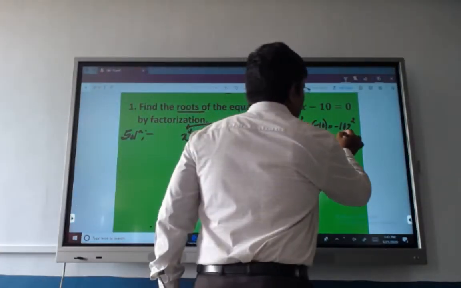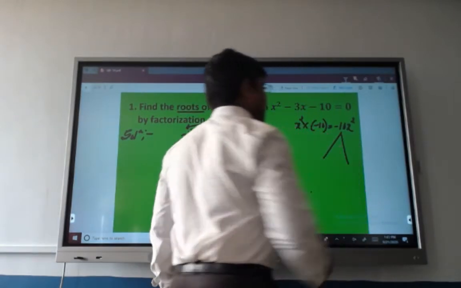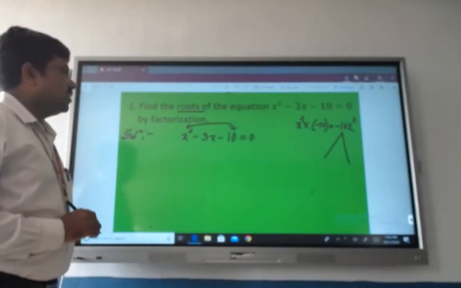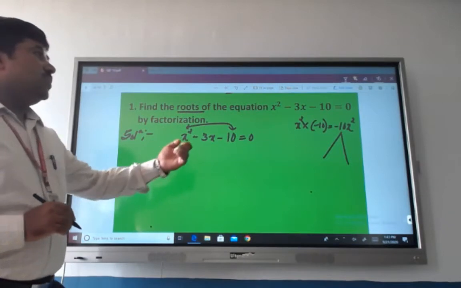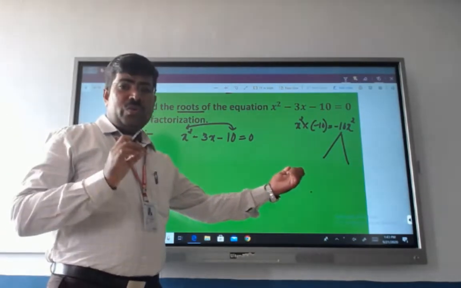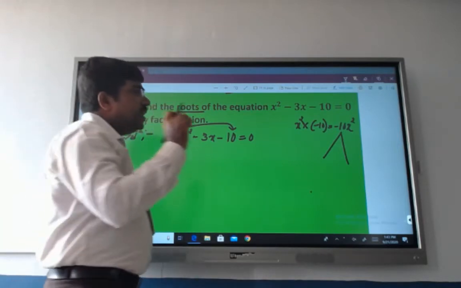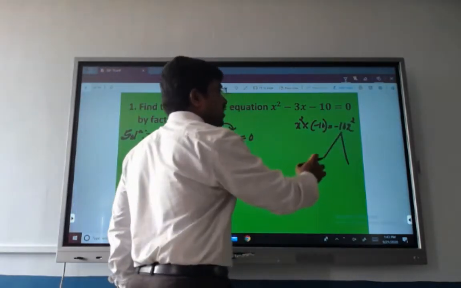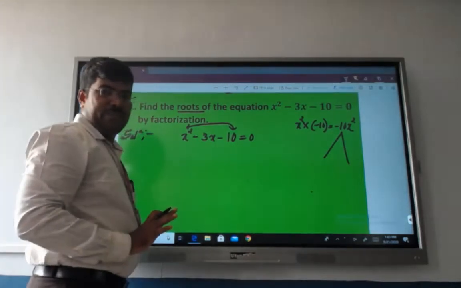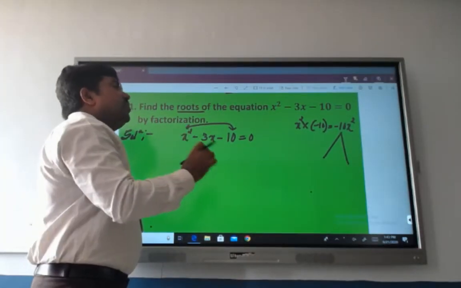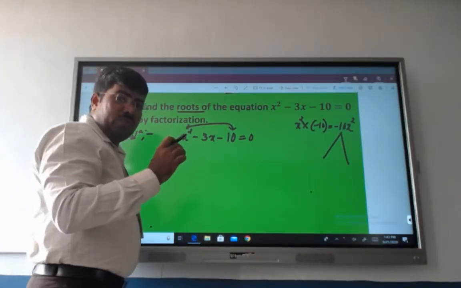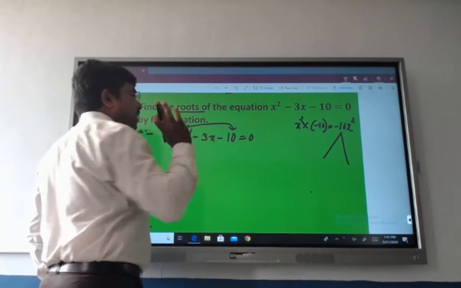So now we have to split up this middle term. How should we split it? Take the product of two numbers or two factors, along with those coefficients, that should be minus 10x square, and if you add those two factors, it should be minus 3x.